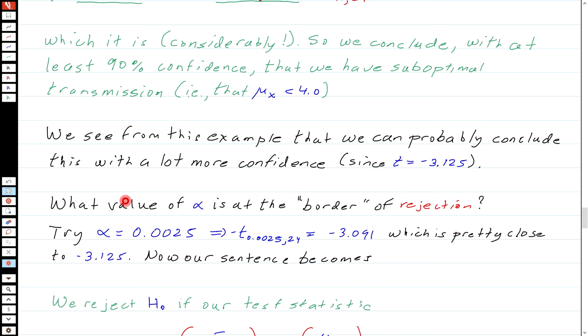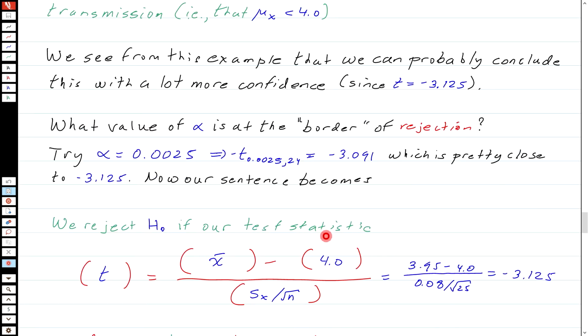We could actually look to see what value of alpha is at the border of rejection. Let's try an alpha that's a good deal smaller. We had 10% above, but now let's make it 0.25%, or 0.0025. And I see from the tables that minus t at 0.0025 with 24 degrees of freedom is minus 3.091, which is very close to the t value that we computed for this test, minus 3.125.